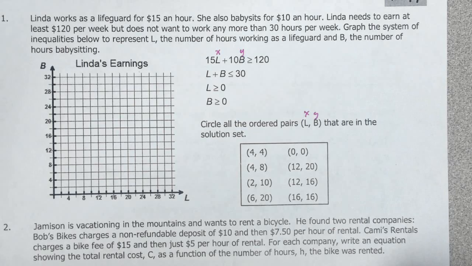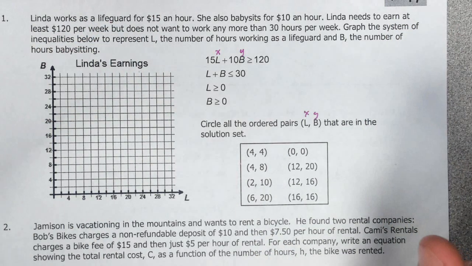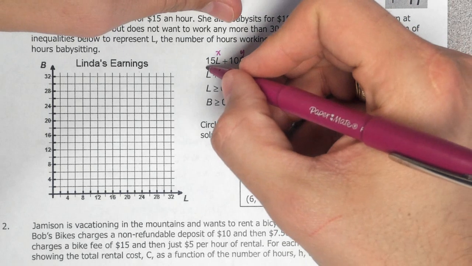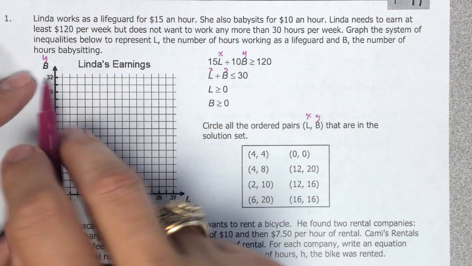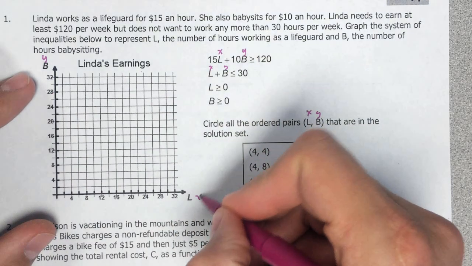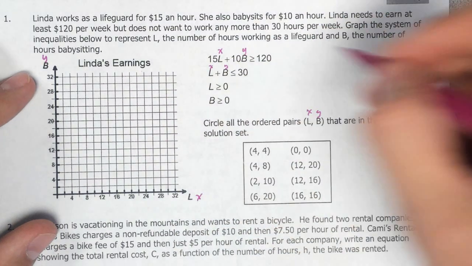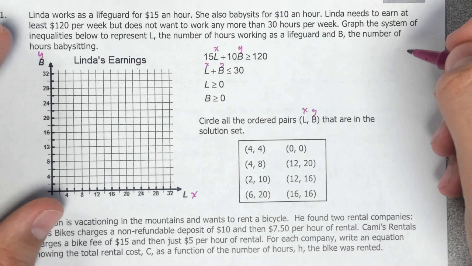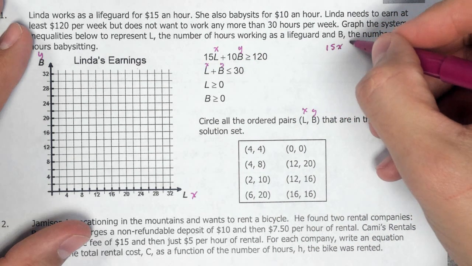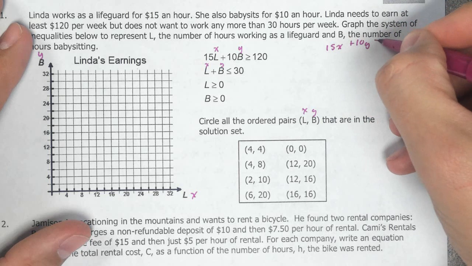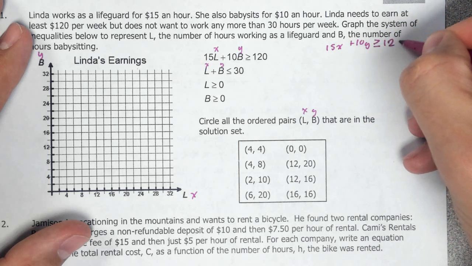To graph those lines, we're going to solve them for Y. That's why I designated X and Y. And again, the Y-axis is the B, the X-axis is the L. So let's solve the top one for Y. We have 15X plus 10Y is greater than or equal to 120.